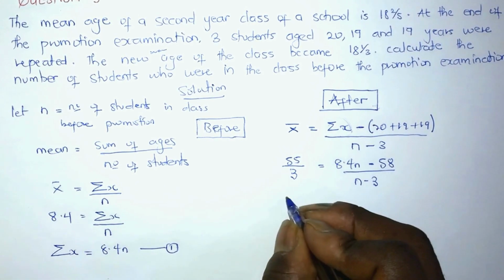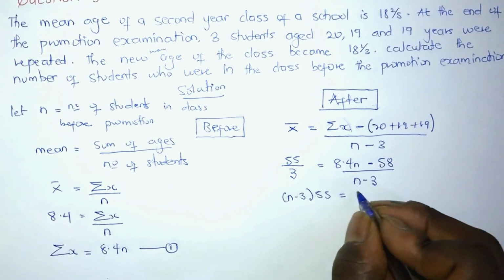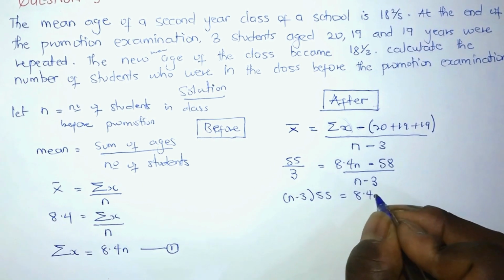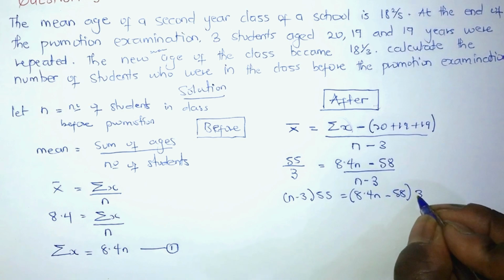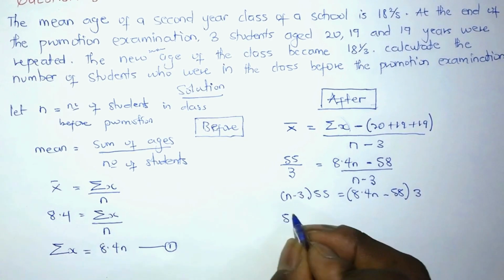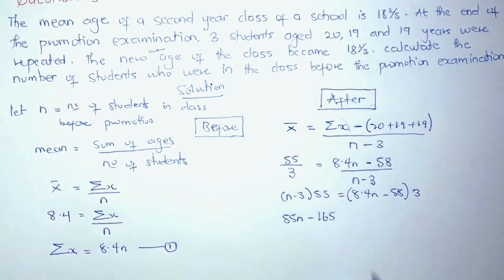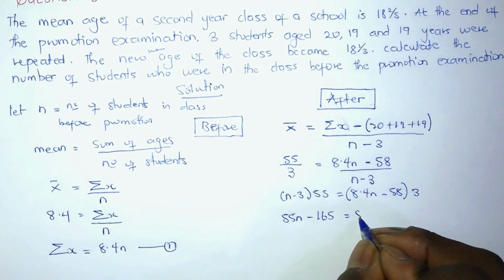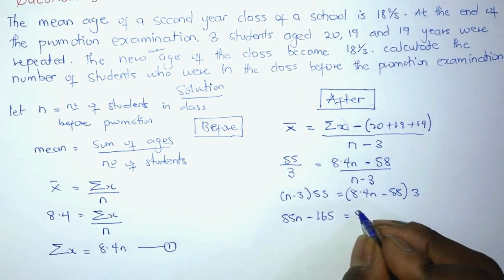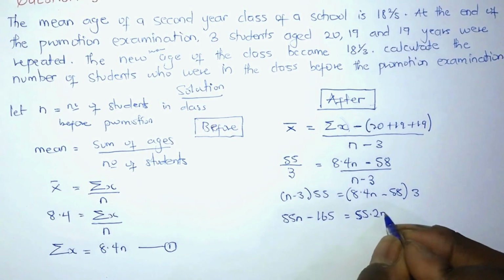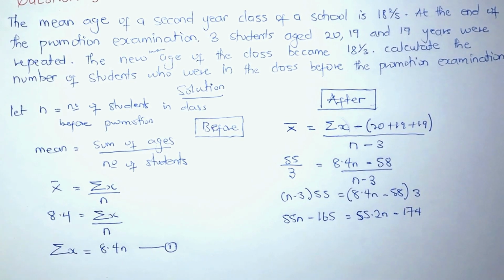So we cross multiply, we get n minus 3 times the 55 is equal to 18.4n minus 58 multiplying 3. We get 55n minus 165 is equal to 18.4 times 3 is 55.2n minus 174. So I'm going to group like terms.